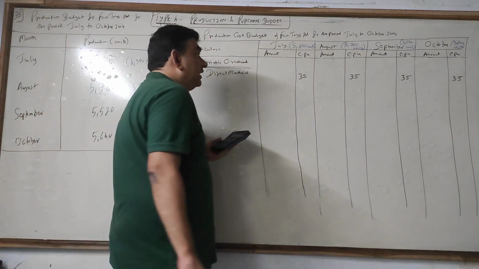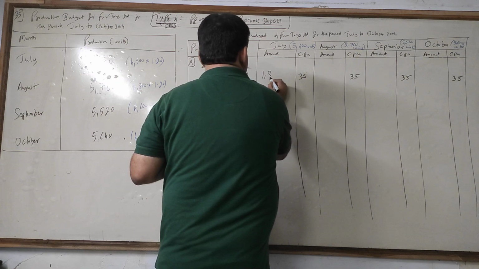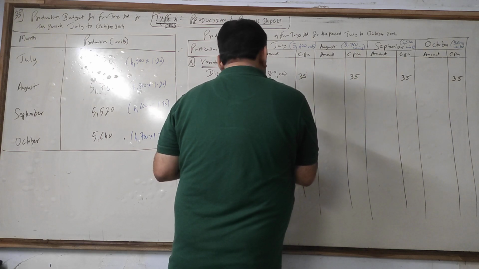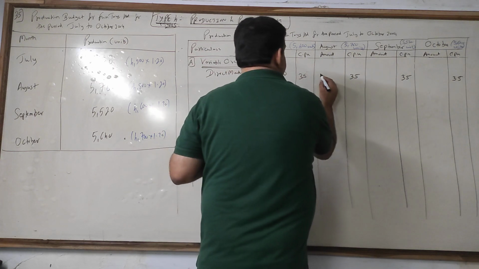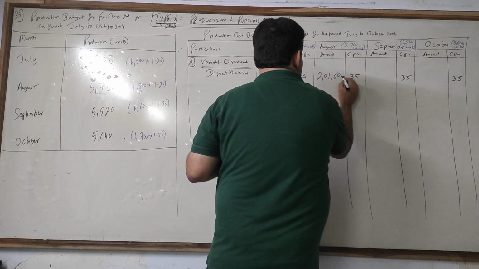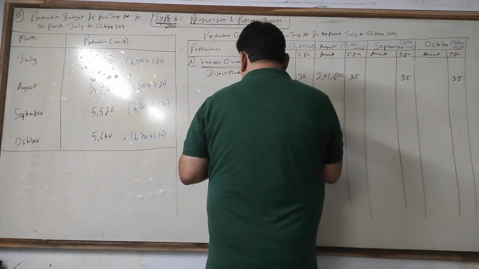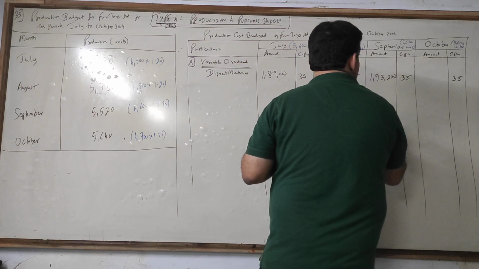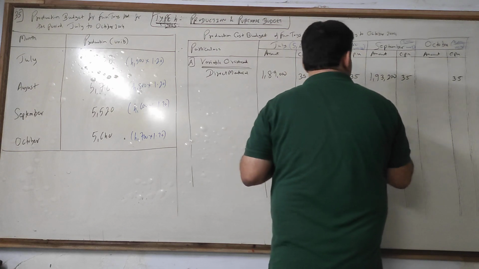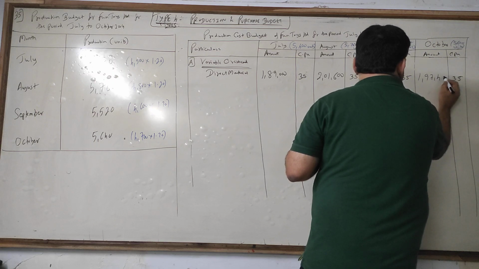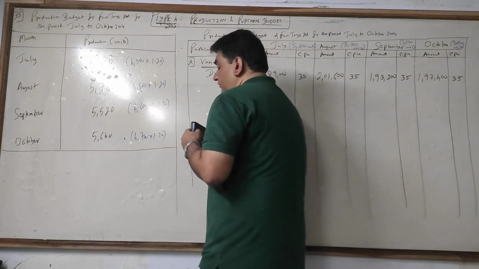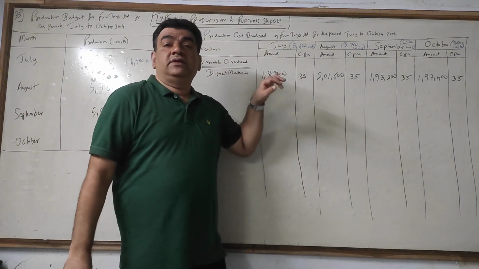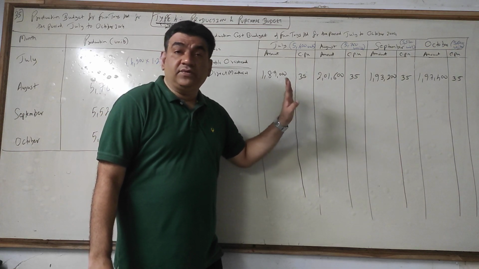So 35 into 5,400 is 189,000, then 5,760 gives 201,600, then 193,200, and 197,400. So 35 rupees per unit multiplied by the respective units.